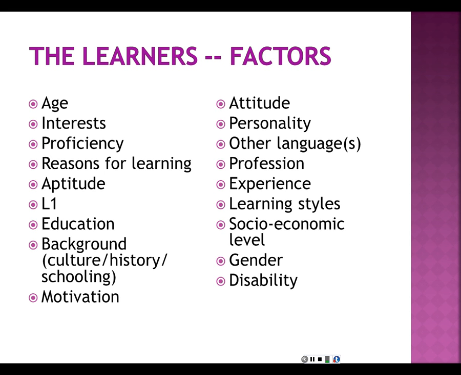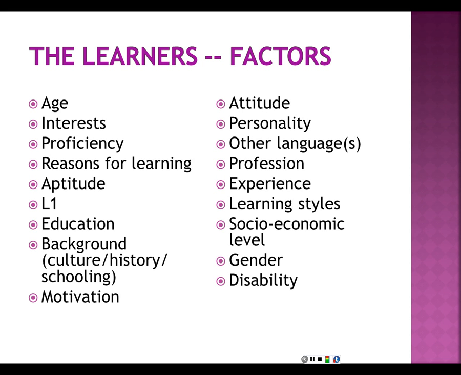You may find information on their aptitude by observing them or looking at their test scores. Information on their L1 you could glean from surveys, okay, or maybe even information that the institution already has on the learner. Their educational background is very important. We have discussed literacy factors that play a large role in L2 learning.